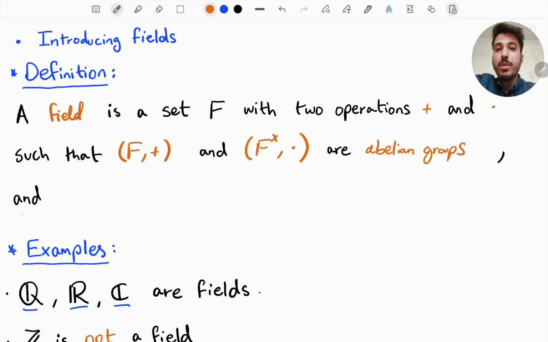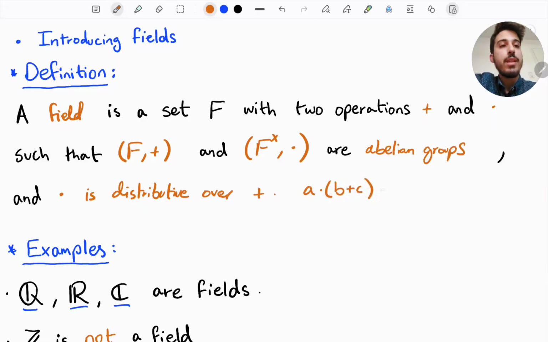I have also another property that multiplication is distributive over addition. Distributive means the same way it means in elementary school: a times (b plus c) is equal to a times b plus a times c for all the elements in the set.